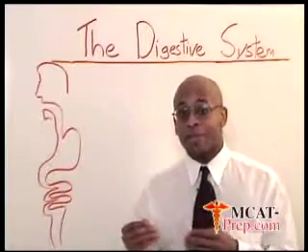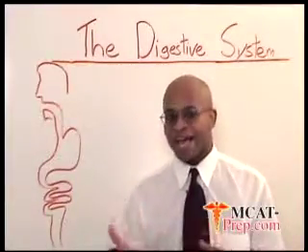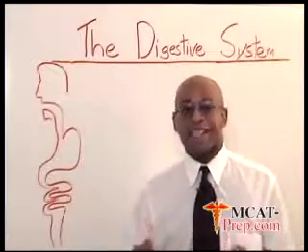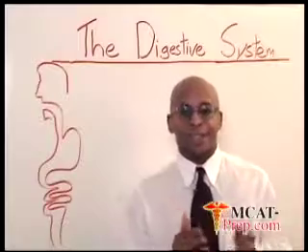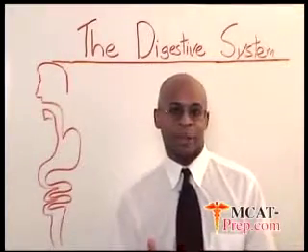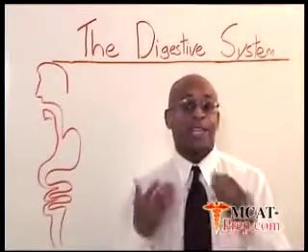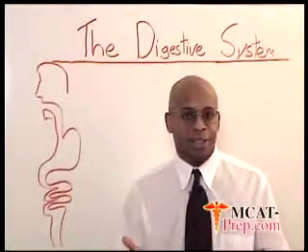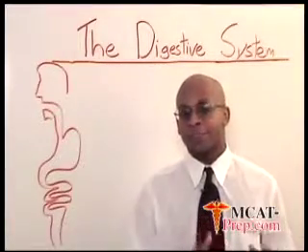The saliva contains an enzyme called salivary amylase. Salivary amylase is the first level of digestion because digestion specifically refers to chemical breakdown. So salivary amylase is an enzyme that's secreted in the mouth by the saliva, and it helps to break down carbohydrates into their subunits.